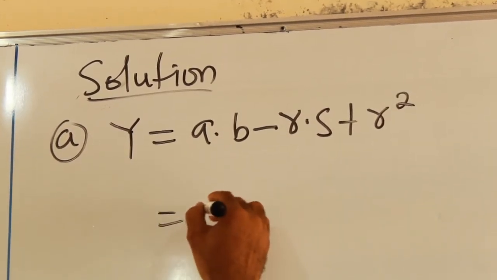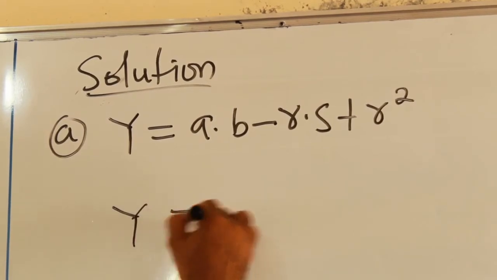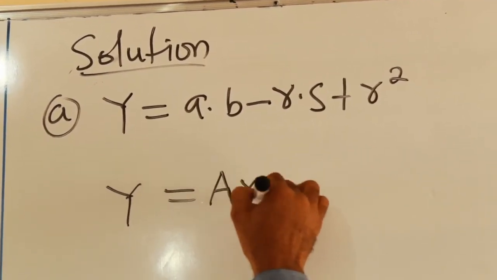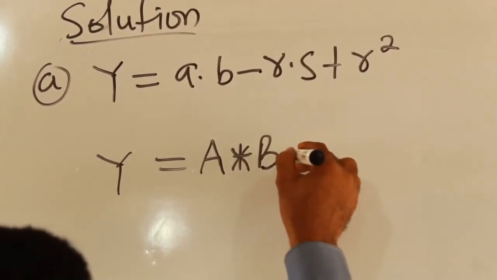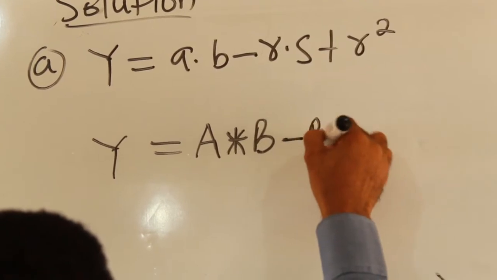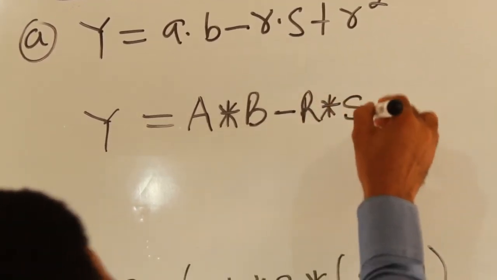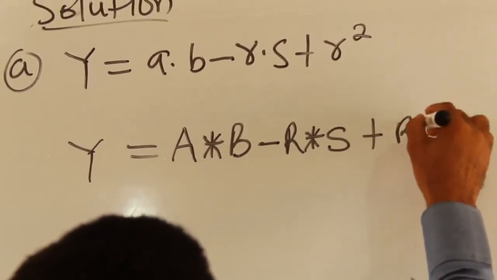So this is y is equal to A multiplied by B minus R multiplied by S plus R squared.